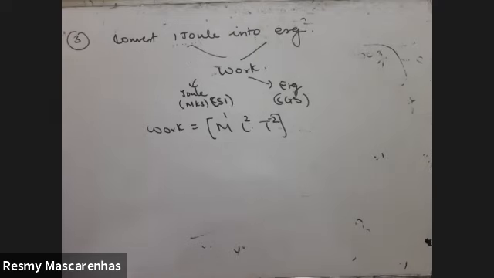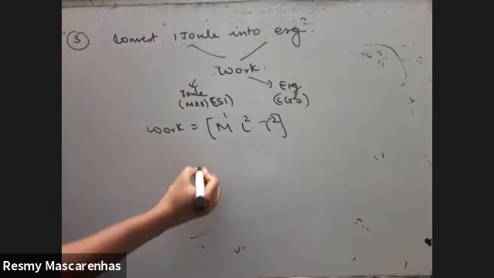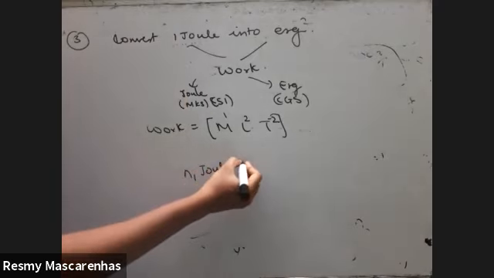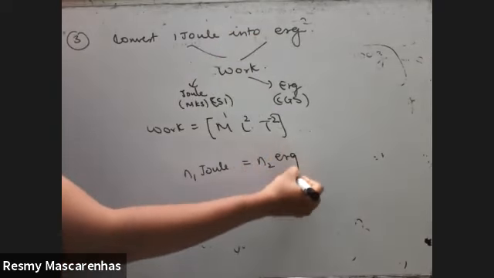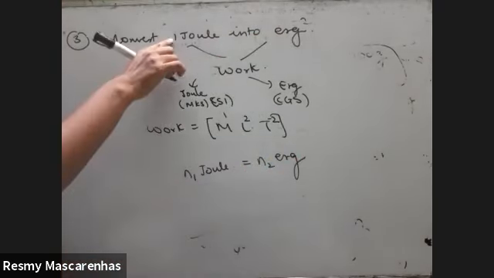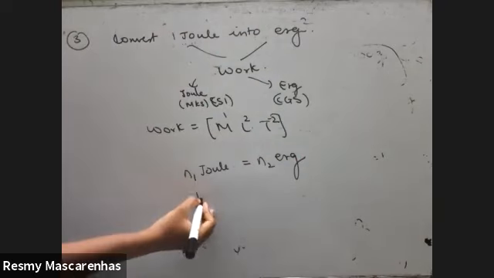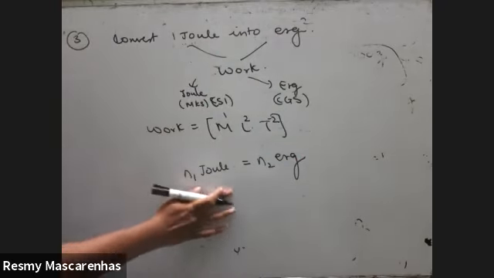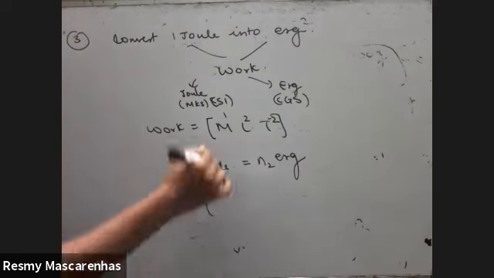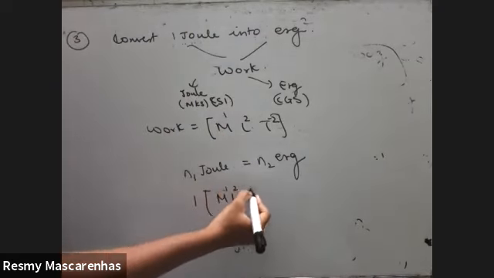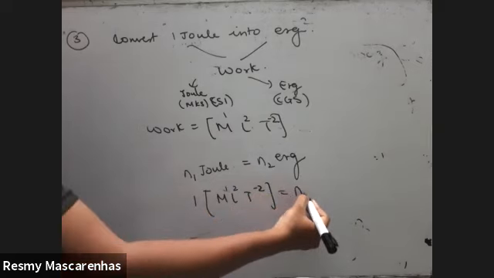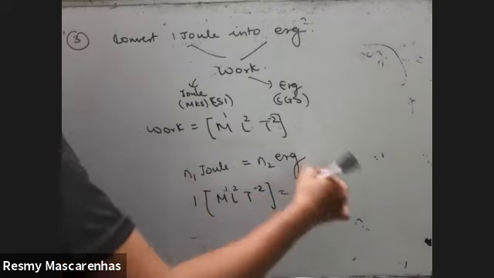Now start with the calculation. I told you always start with N1 joules equals N2 ergs. N1, nothing is given, it means 1. And joule means the same thing you have to put on both sides.